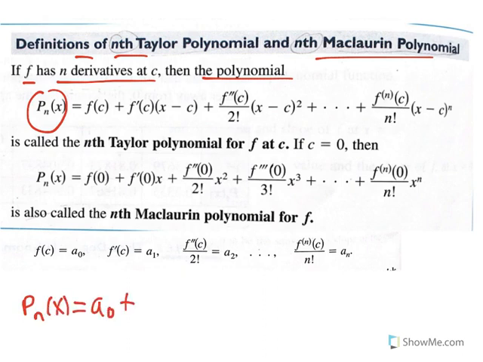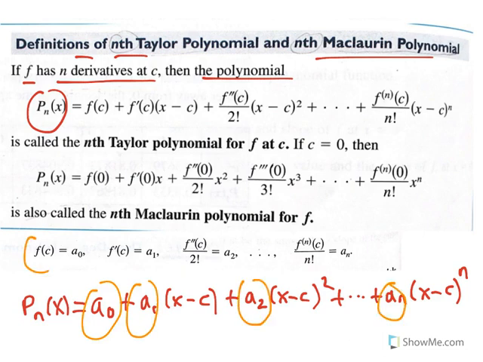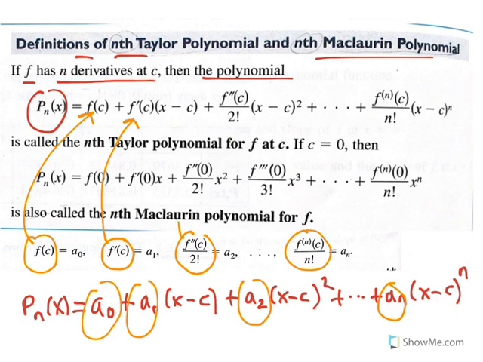It was a naught plus a sub 1 times x minus c to the first plus a sub 2 times x minus c to the second, and so on until you get to a sub n times x minus c to the n. And in the derivation that we did, we found what these coefficients should be. And they are right here. And where are they in the definition? Right there. So now you understand where this definition comes from.